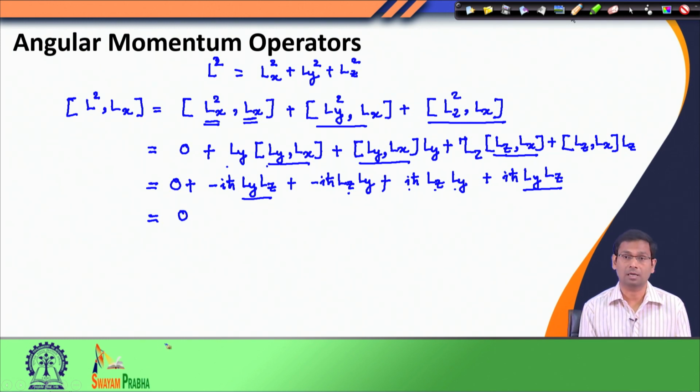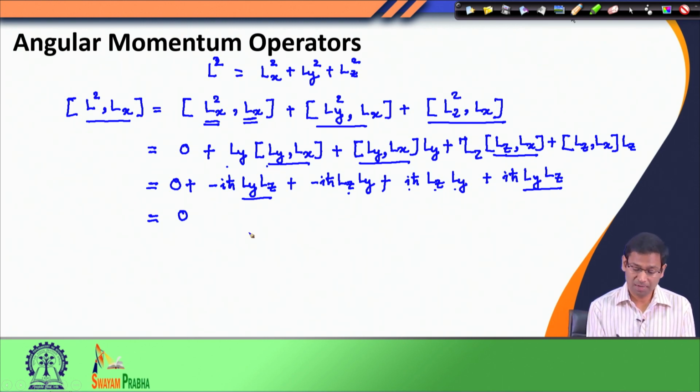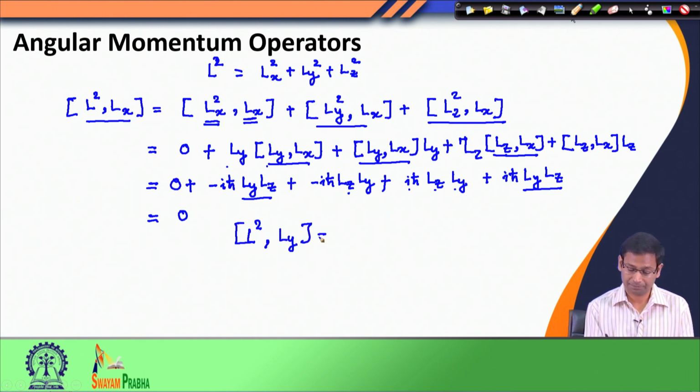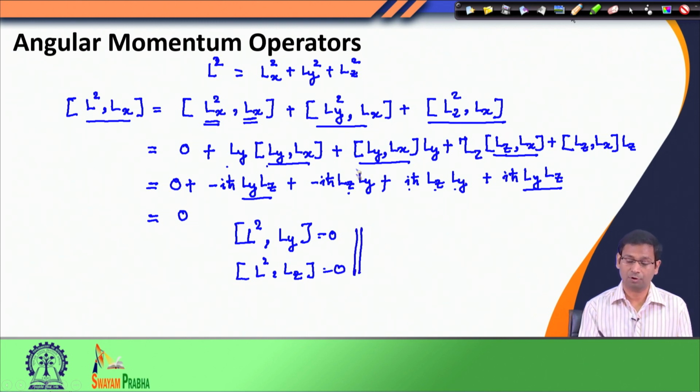So, they cancel out, and now I see that operator L square commutes with Lx. Similarly, I can also show operator L square would commute with Ly, and L square will also commute with Lz. I would encourage you to follow this procedure and show that Ly and Lz commute with the L square operator.